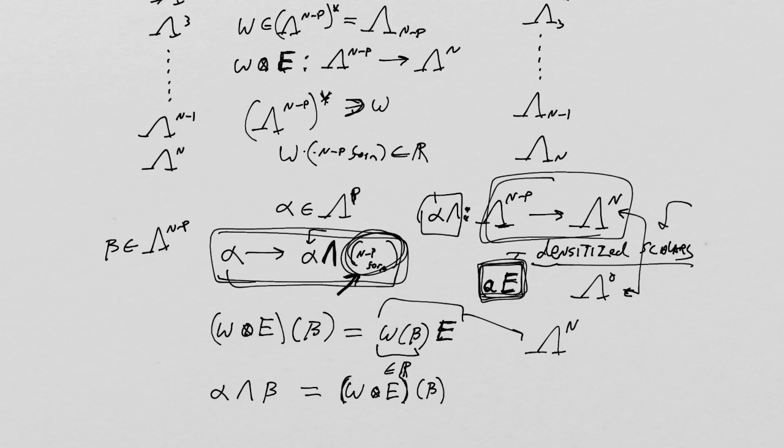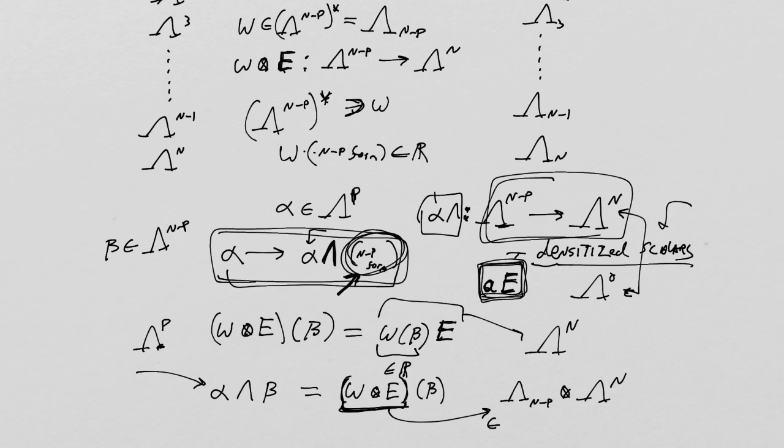And now, for every alpha that exists in lambda p, I should be able to find an omega tensor product E that is an element of n minus p tensor product lambda n, the top form. Remember, that's an element of this.